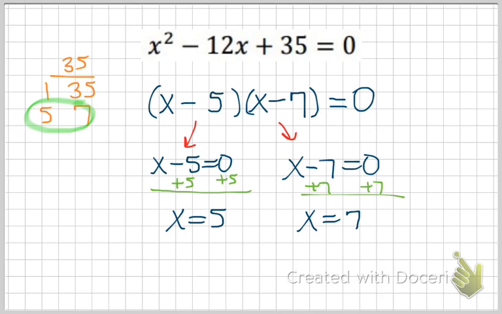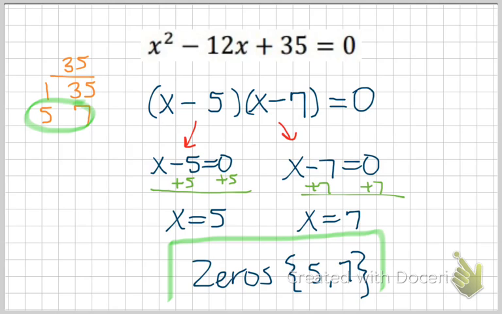So x will be 7. So we have that our two zeros, our two solutions, I'll use the word zeros, are 5 and 7. And again, to verify if this is correct, all we would have to do is substitute the value that we got in place of x.